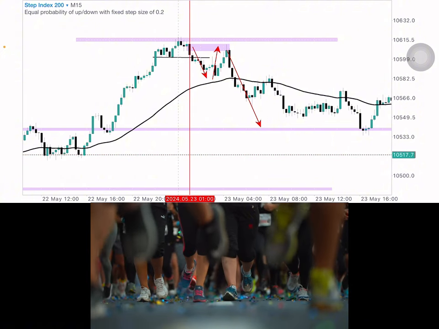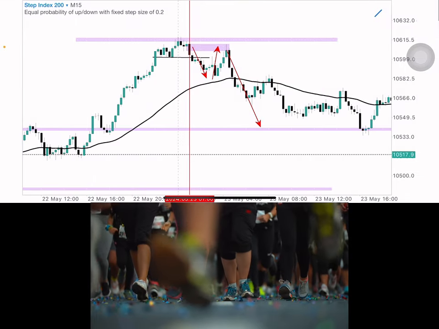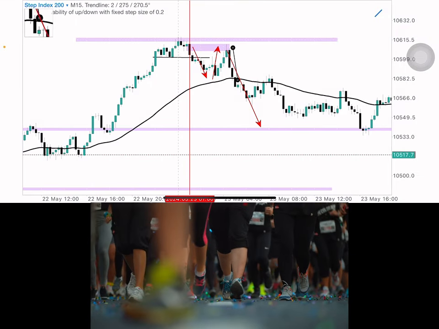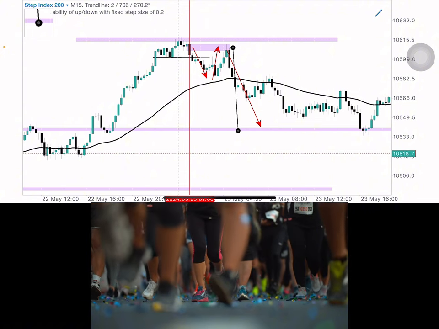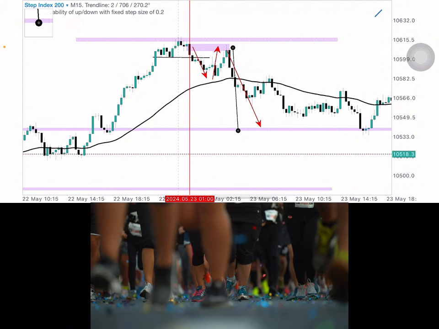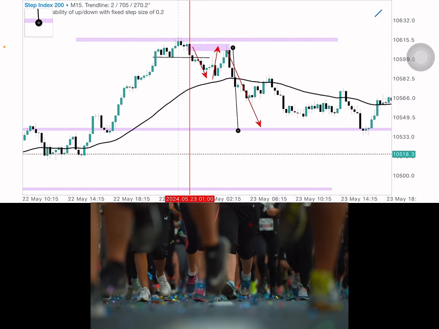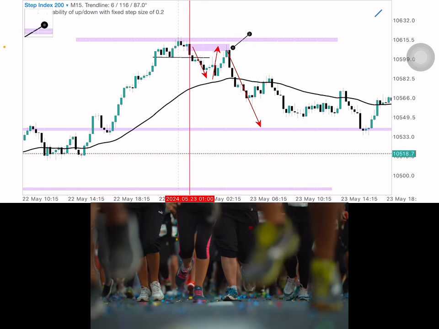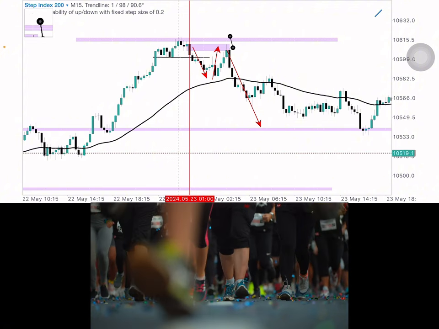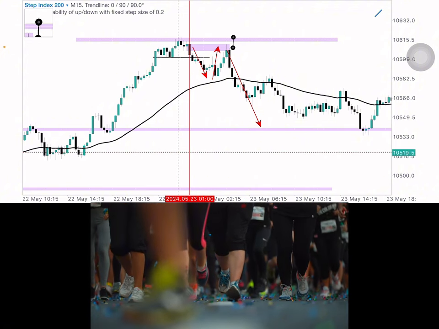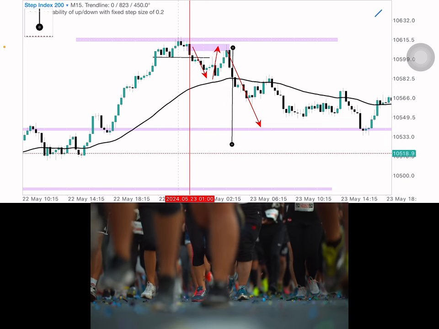Using this as the entry and using 1.0 lot, this would have given you about $70, and since our stop loss is here, the risk would have been $9. So you risk $9 and you get $70.